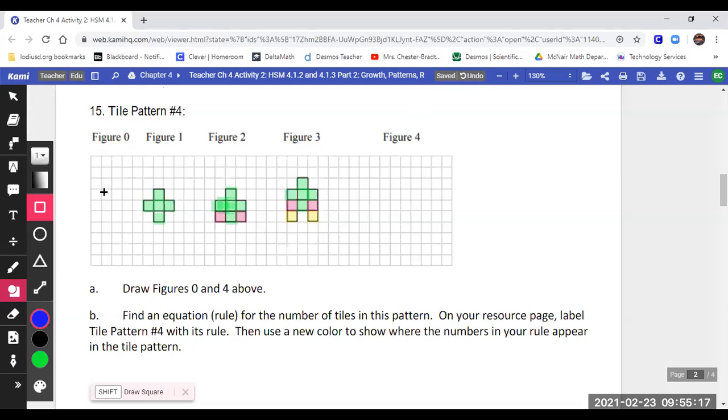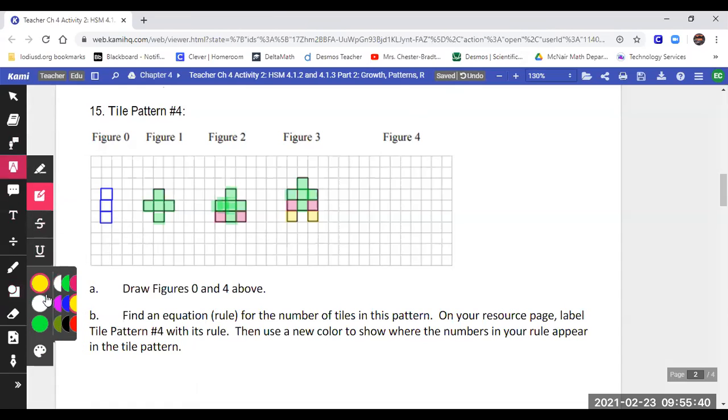Now, remember, we put our X right in the middle, and it'll make each box. Are they going to be a little crooked? Yeah, but that's a lot better than it used to be. Okay. So if that was figure 0, then we need to go replace the colors so that figure 0 is represented in all the parts.